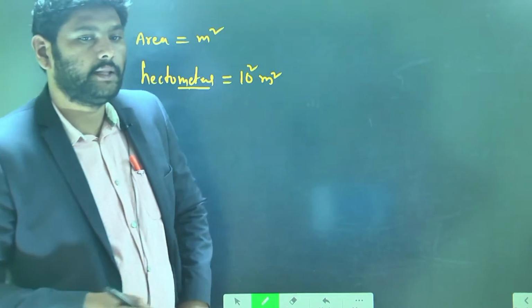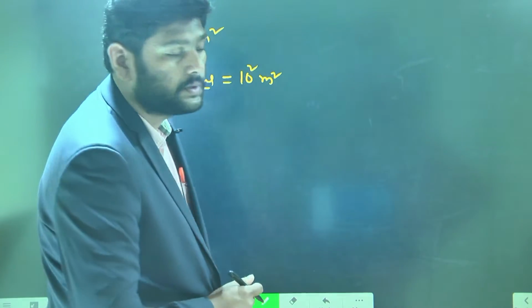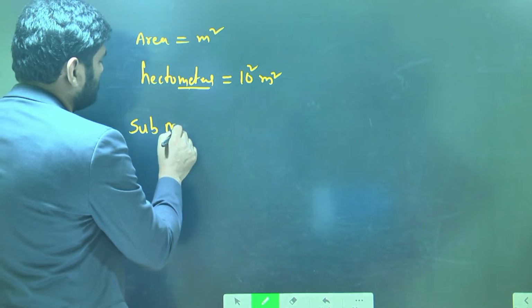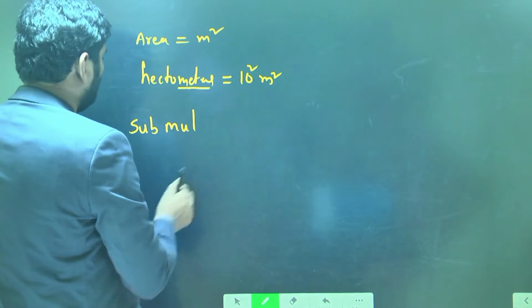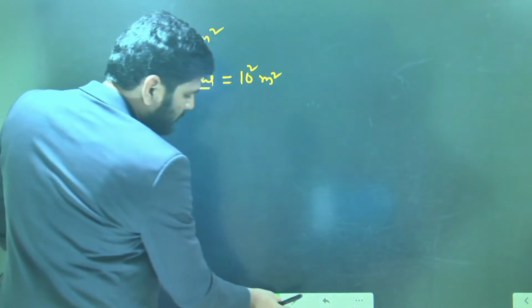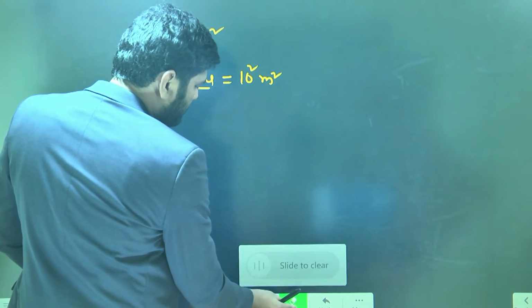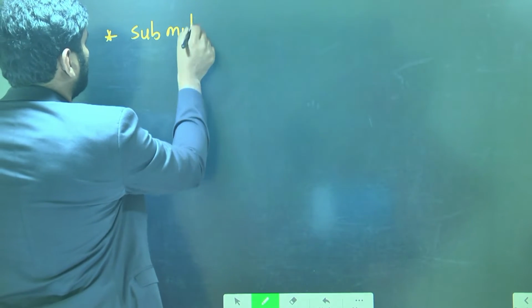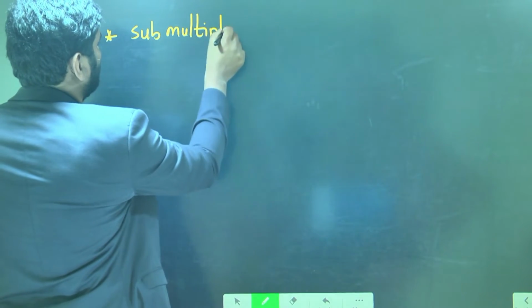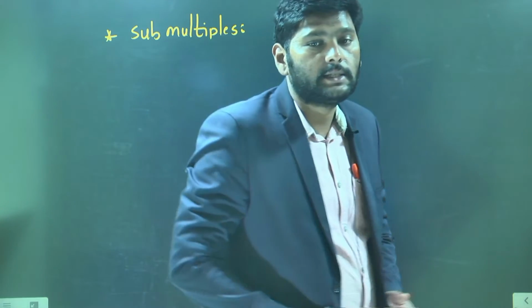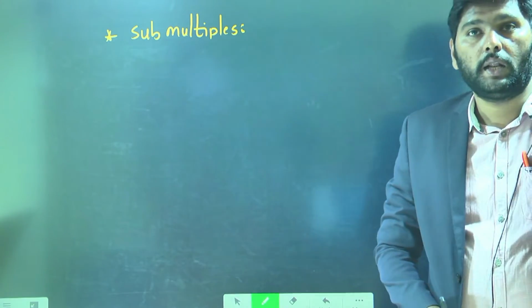Let's go with the other thing, submultiples. What is that? Submultiples. Already I said submultiples means below 10 multiples.